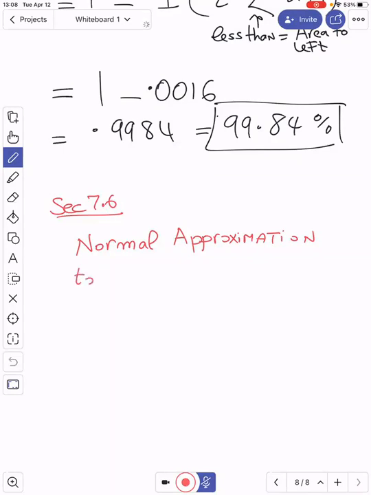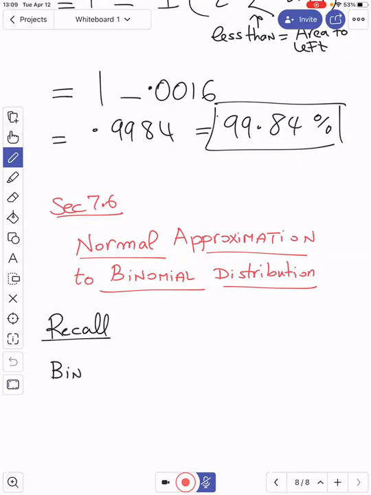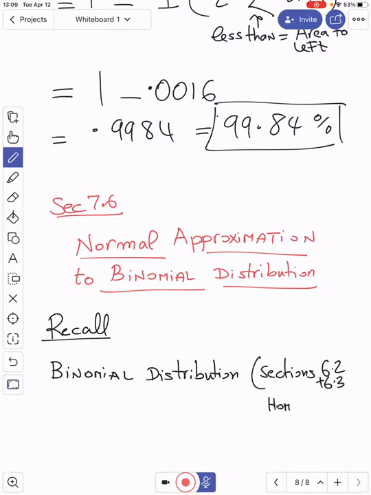So this is the normal approximation to the binomial distribution. Remind you guys, the binomial distribution was in sections 6.2 and 6.3, and that's actually our homework number 5, which was about these two sections plus section 6.1.